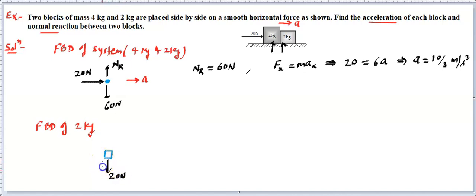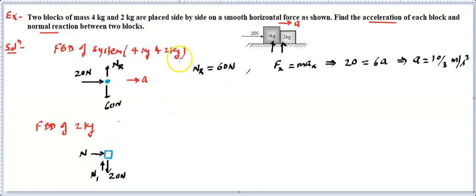It will be subjected to a normal reaction from the ground, you can call it N1, N2 or whatever. And that's all, there is no force acting from any other side, but this side is in contact. So this side is going to create a normal reaction, that means the 4 kg will be pushing it. That is the normal reaction being asked, so let's call it N. This N we need to find out. N is the normal reaction between the 2 kg and 4 kg blocks.